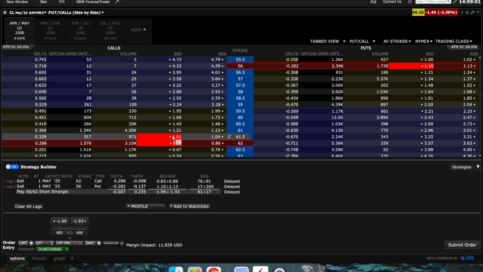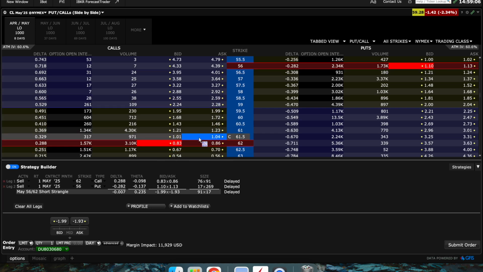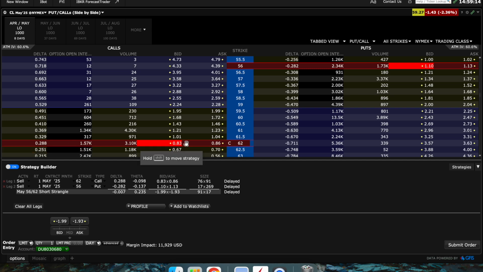So it means you will have about a 56% chance to lose on this position, or about a 44% chance of making money. Because remember, if it's negative, you always go 1 minus whatever number there is. And if you buy the option, then whatever number you see is your probability of profit.